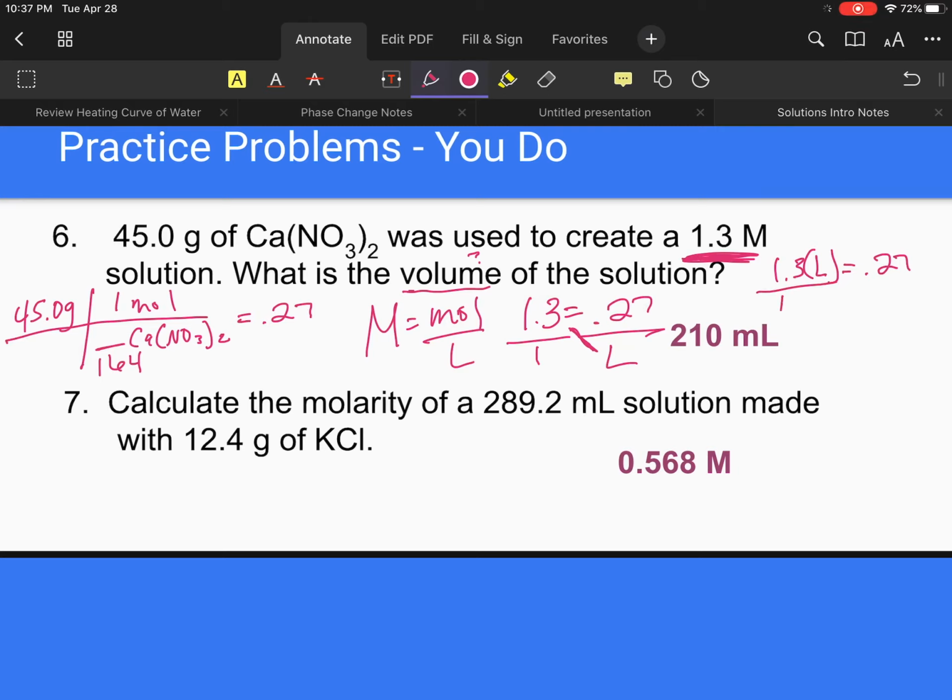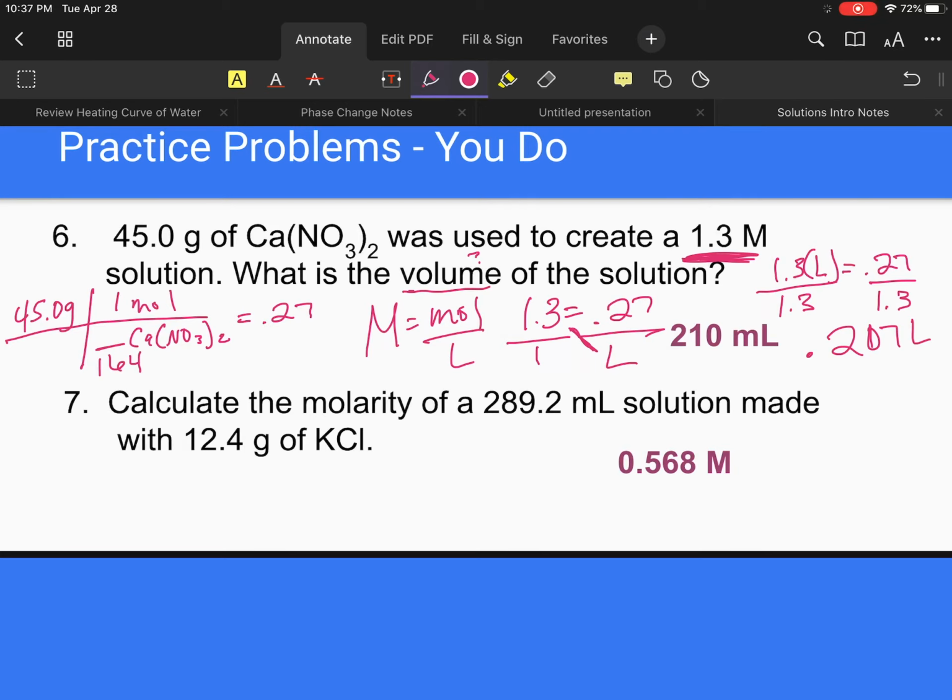And then I can divide by 1.3. And then I end up with 0.207. It's okay if you round liters.